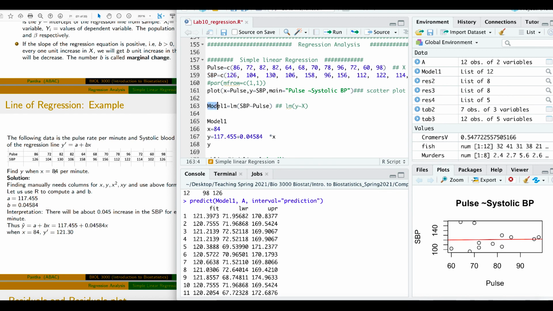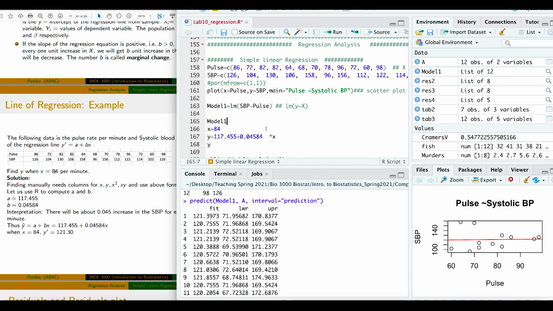So what you can do is you can give a name. I gave model 1, and you do linear model lm, and then parenthesis you need to write y first and then the wiggle sign and then x. That's what you do, and then write model 1. That will give you the value of a and b. Okay, so the slope is the b value in this case, because we are writing a plus bx.